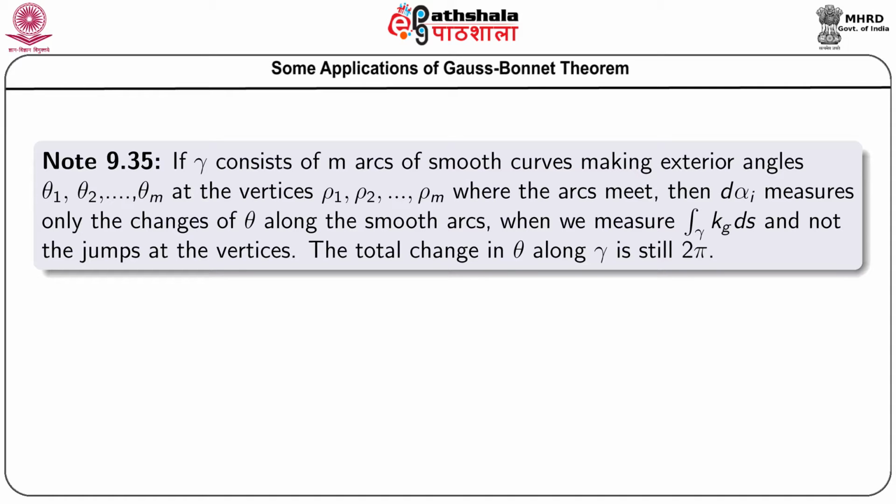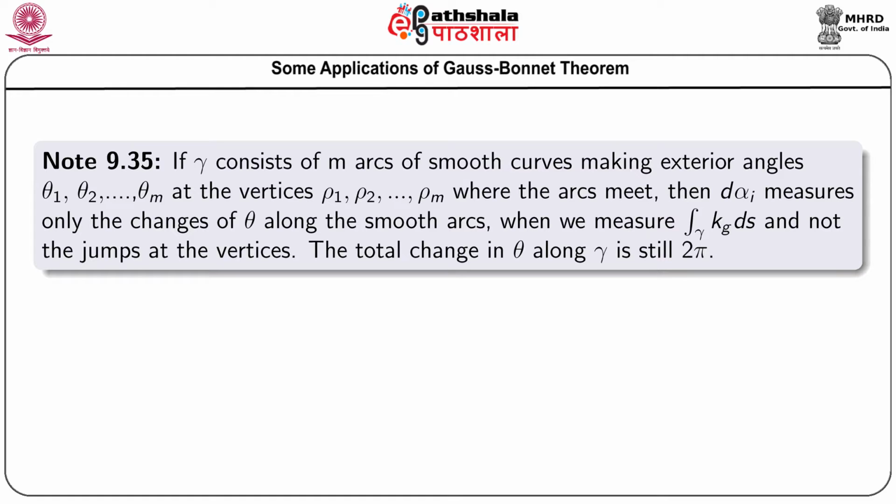So, actually this is the main portion of what we have obtained in the Gauss-Bonnet theorem, and this one can be visualized by the picture given in our previous module. So, there are m arcs S_1, S_2, ..., S_m which constitute gamma, and they are making exterior angles theta_1, theta_2, ..., theta_m at the different vertices rho_1, rho_2, ..., rho_m.